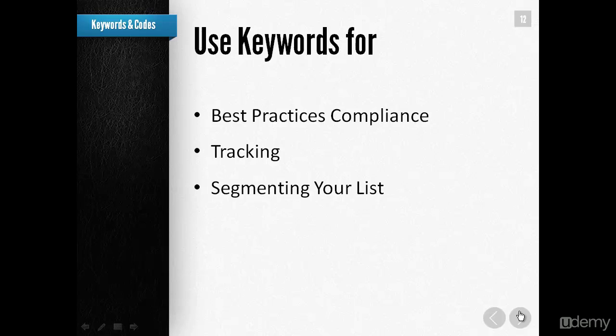You can also use keywords for tracking things. You can do an ad with the same essential messages that you're sending out, but use one keyword in it versus another. So you can track where you're getting your list build from just based on the keywords. It's a really smart marketing tool.